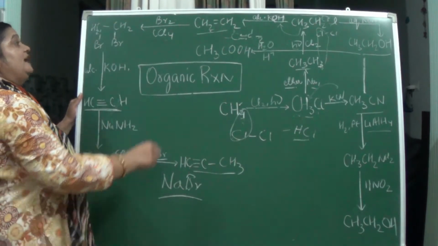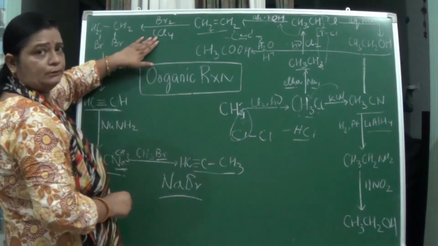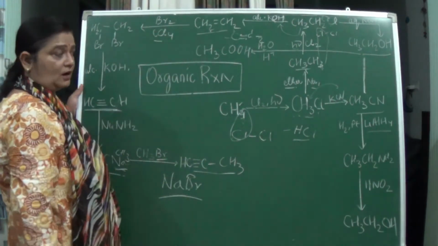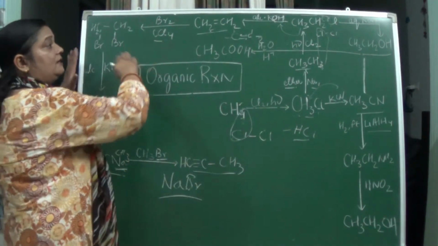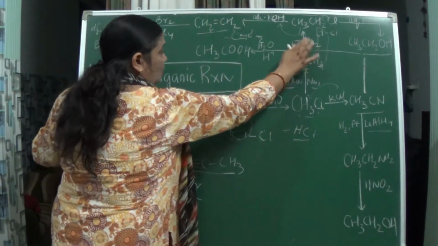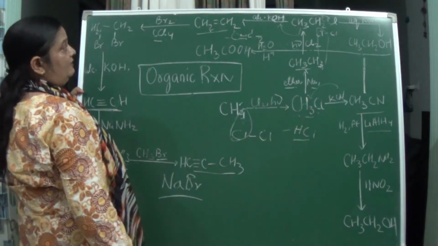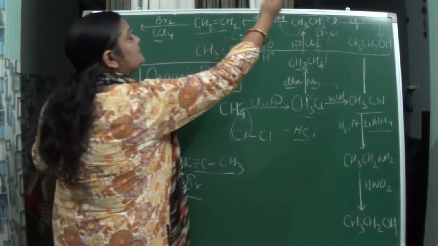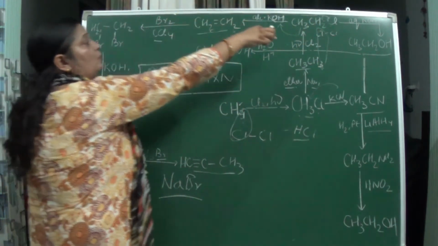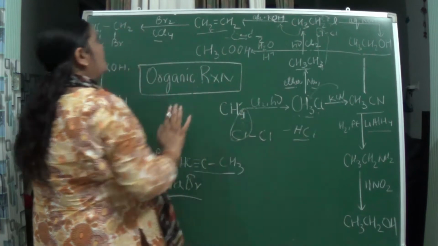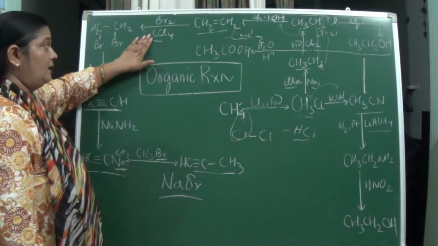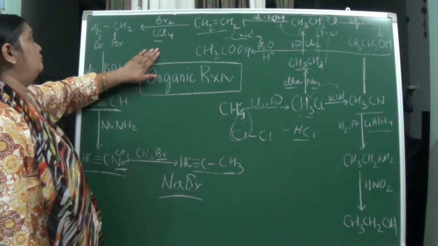Now next, if we are adding Br2 in the presence of carbon tetrachloride, you can see the difference over here. Here we had used chlorine in the presence of ultraviolet rays, and we have seen that it is displacing, and we are getting ethyl chloride. But here this is a double bond compound. Here we are adding Br2 in the presence of CCl4.